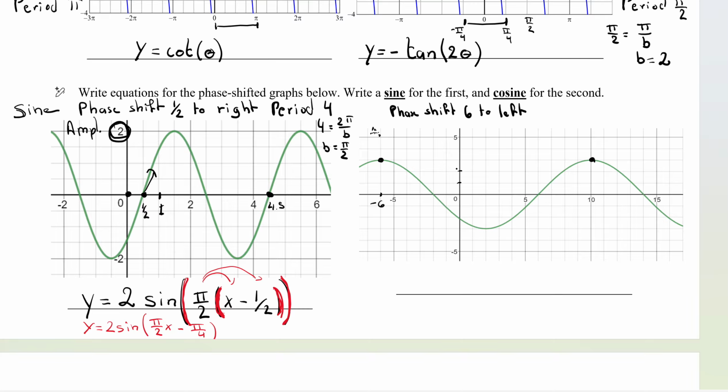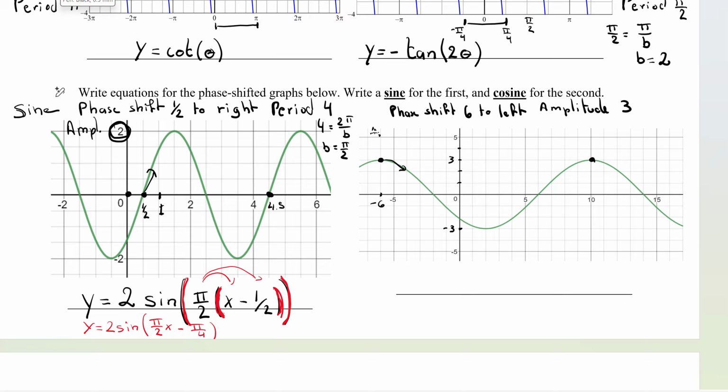Looks like each little square stands for 1 unit. And so I'm at 3 here, and down here I'm at -3. Therefore, it looks like we have an amplitude of 3. And if I phase shift to -6, then I would start by decreasing, therefore I wouldn't need a reflection. So I'm good there.